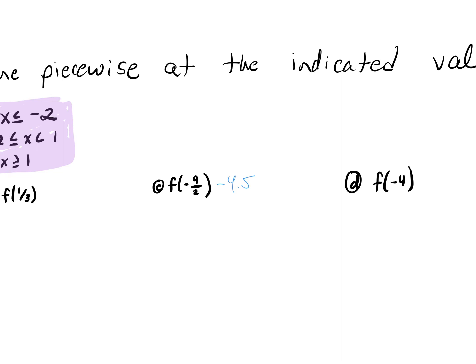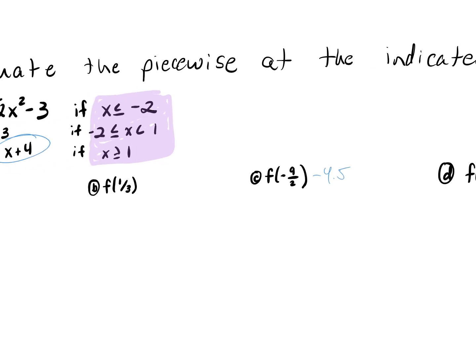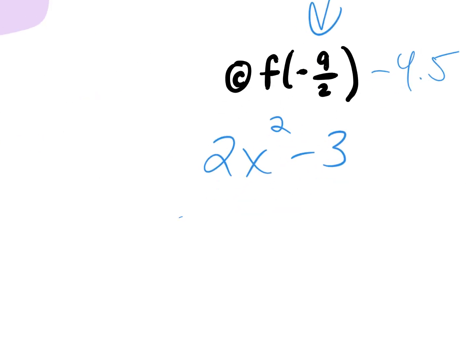So where does that fall in the expression here? Less than negative 2. It falls in the first one. Negative 9/2 is less than negative 2. So you're using this expression, 2x squared minus 3. So I'm going to evaluate 2 times negative 9 over 2 squared, minus 3.